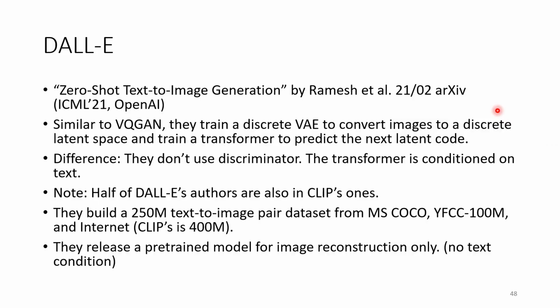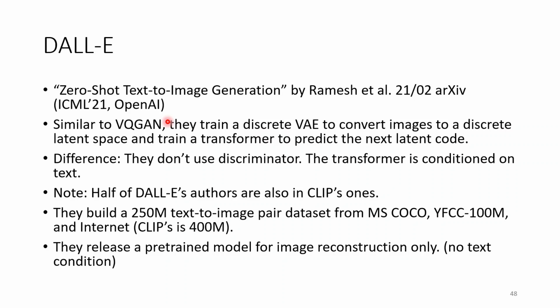Okay, so let's talk about the first version of DALL-E. It is based on this paper, zero-shot text-to-image generation. Okay, and the method is very similar to VQGAN. Given an image, they convert it into a latent space, and also a discrete latent space. So in this approach, they are identical to VQGAN.